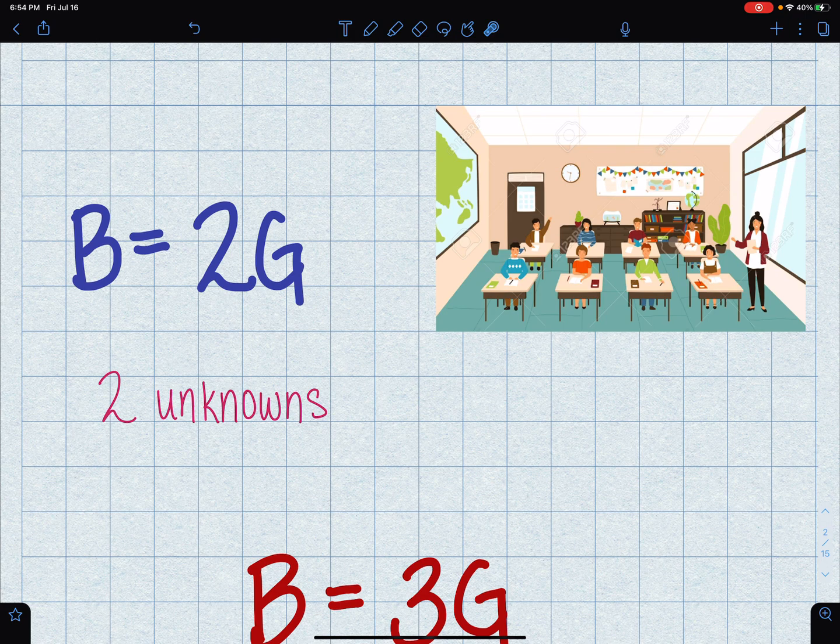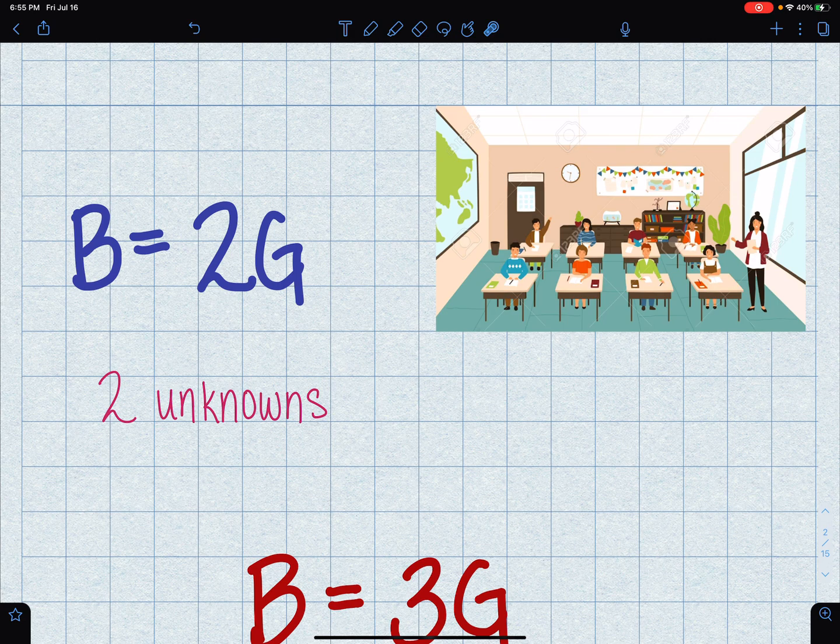These are your two unknowns, the number of boys and the number of girls. If you have one girl, let's put in the number 1 here, then the number of boys is going to be 2 because it's 2 times 1. And so there's twice as many boys as there are girls.